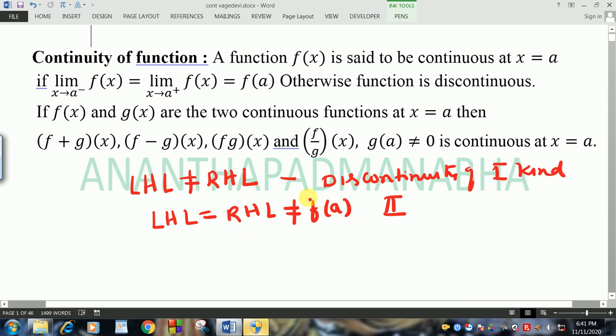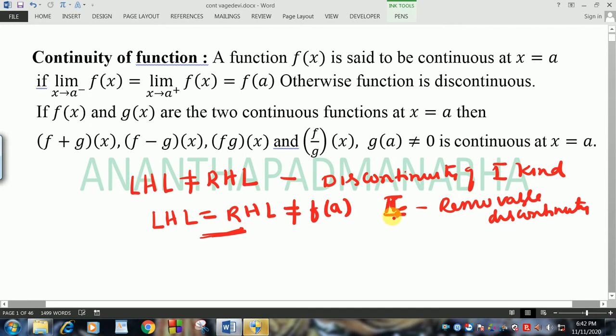So this is called removable discontinuity. The first one is discontinuity of the first kind, and the second one I discussed now is called removable discontinuity.